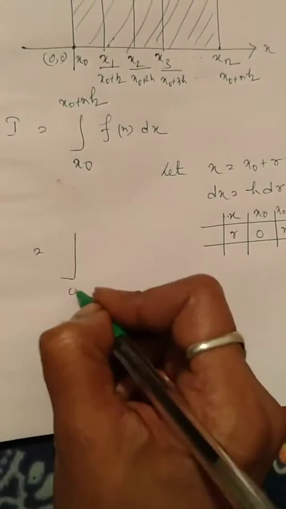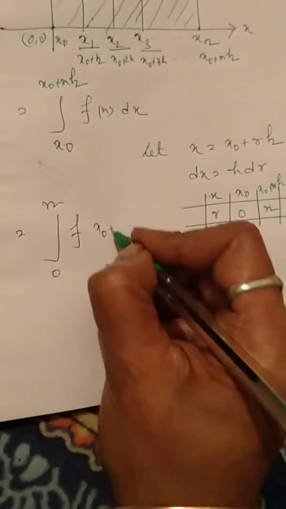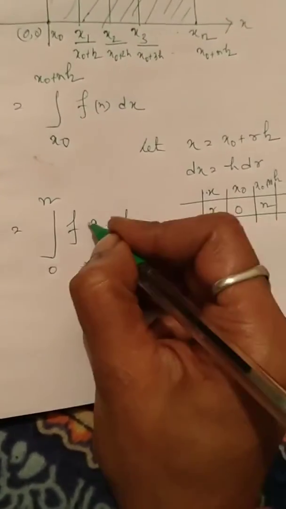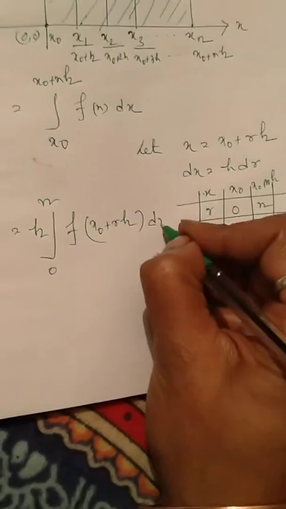Now the integration becomes the integral from 0 to n of f of x0 plus rh, and dx will be h dr.